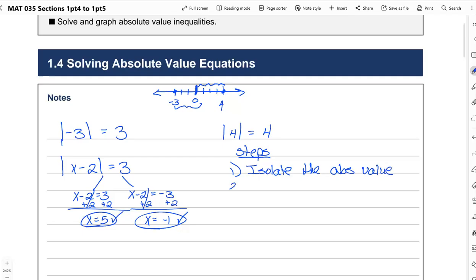And then once you isolate the absolute value, your second step is to create two problems. Notice when I create the two problems, I do not have the absolute value anymore. You're going to create one where it's equal to the positive and one where it's equal to the negative. And then you're going to solve each problem.